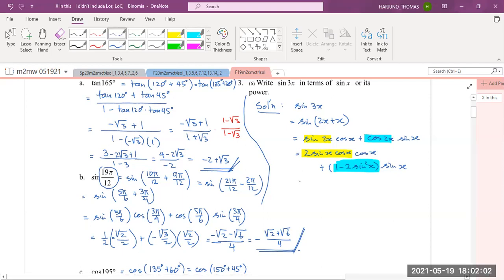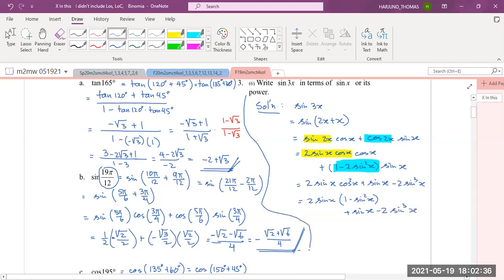Now then the first term becomes 2 sine x cosine squared x plus sine x minus 2 sine cube x. That is 2 sine x times 1 minus sine squared x plus sine x minus 2 sine cube x.